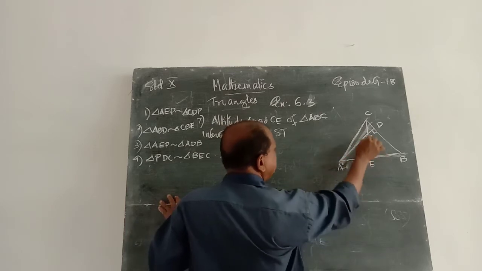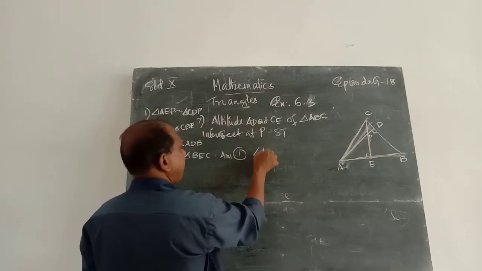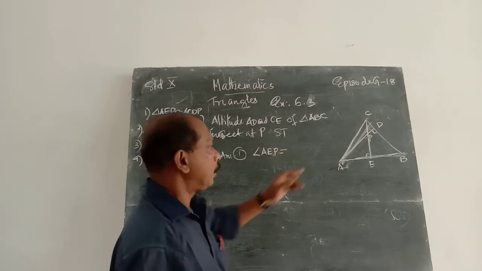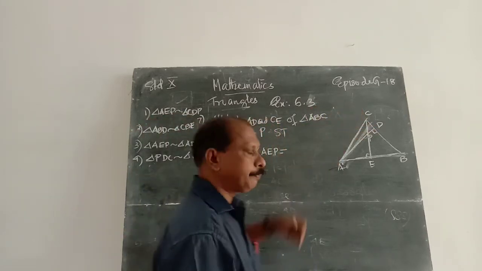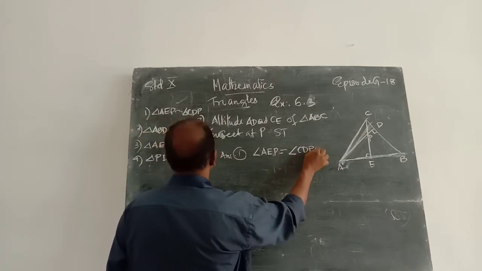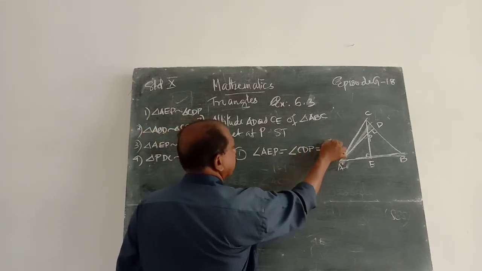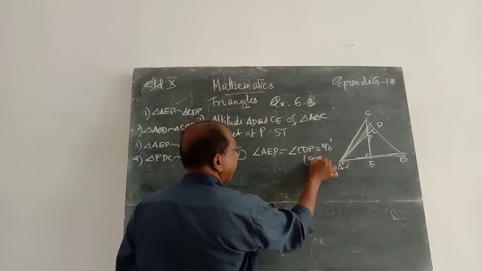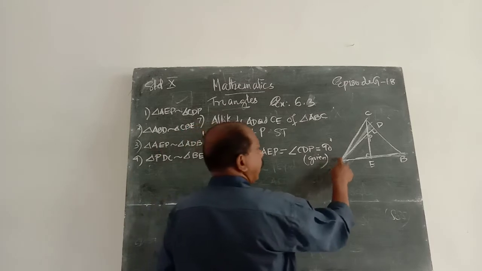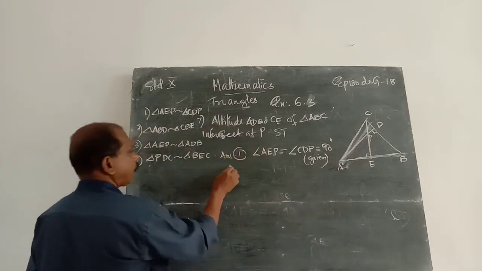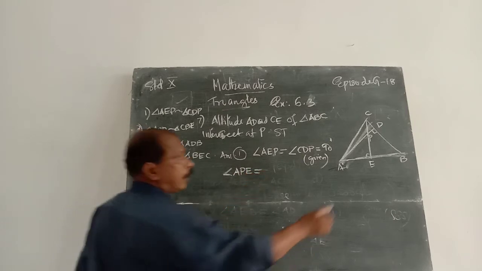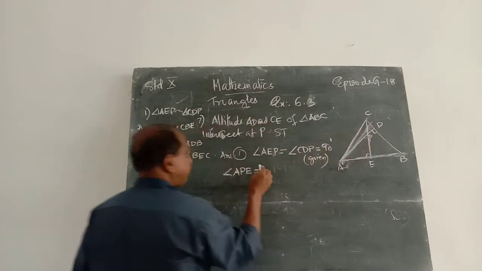Angle AEP is equal to angle CDP is equal to 90 degrees. That is given. Angle APE is equal to angle CPD.